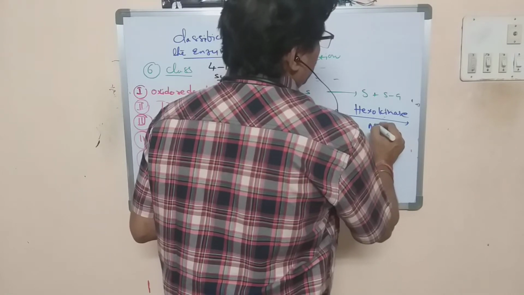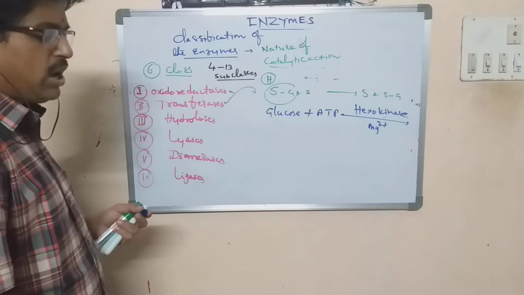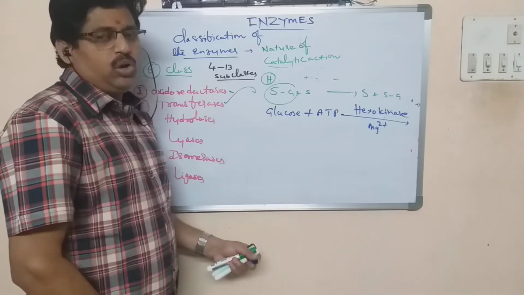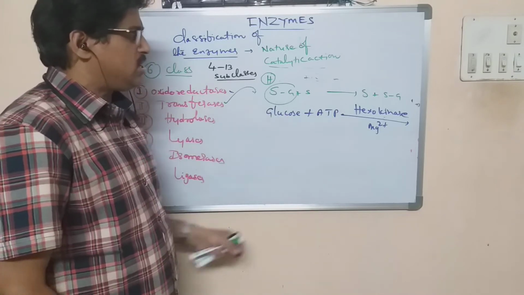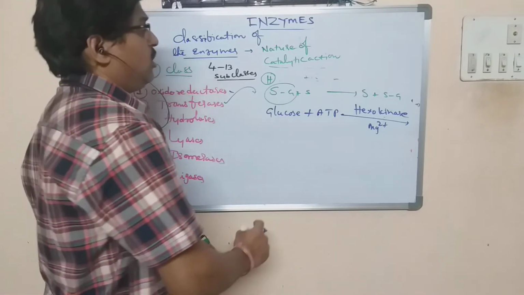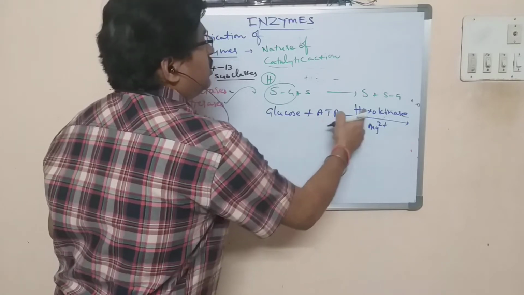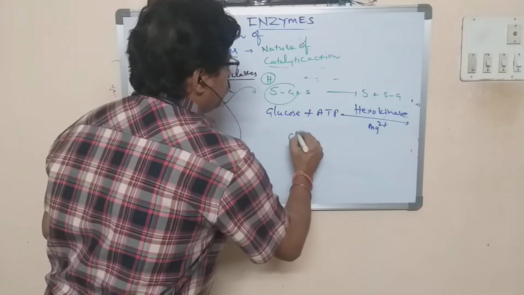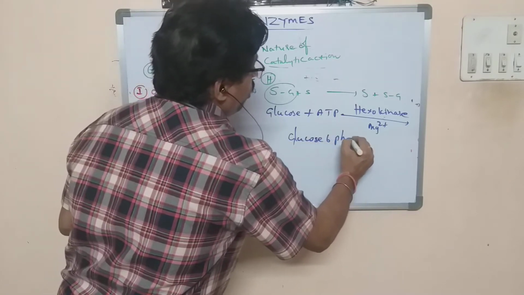In the presence of magnesium ion, a metal ion cofactor, compulsory. Hexokinase acts as a catalyst only in the presence of magnesium ion. Glucose is converted into glucose 6-phosphate.